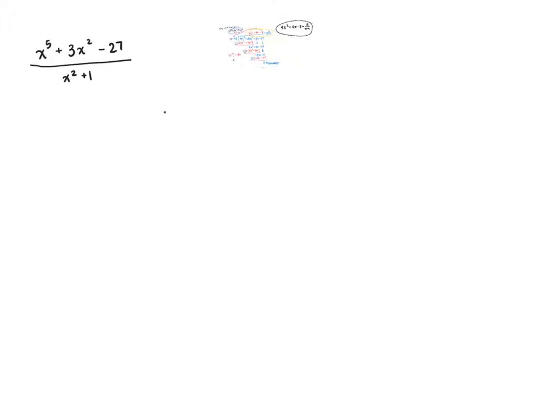So we're going to set up our long division again. So we have x to the 5th. And we're actually going to put these placeholders: plus 0x to the 4th, plus 0x to the third, right?